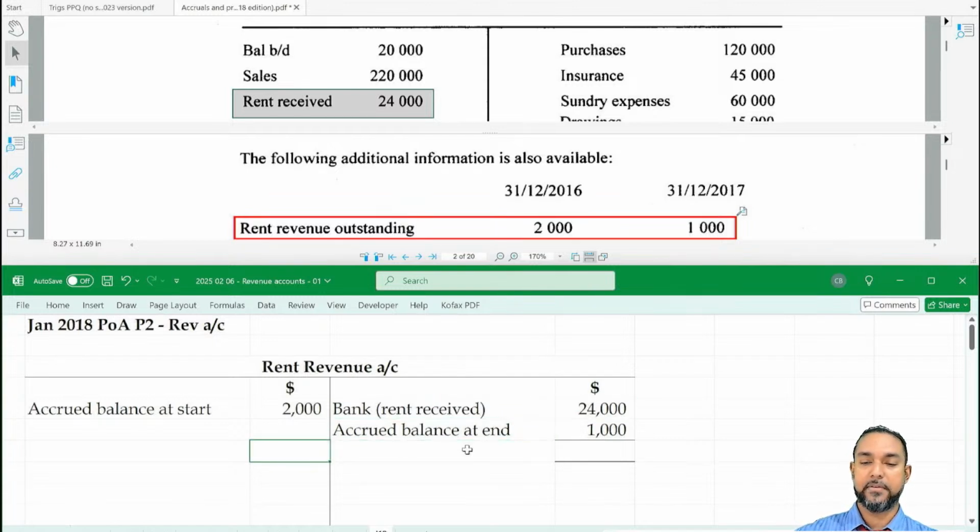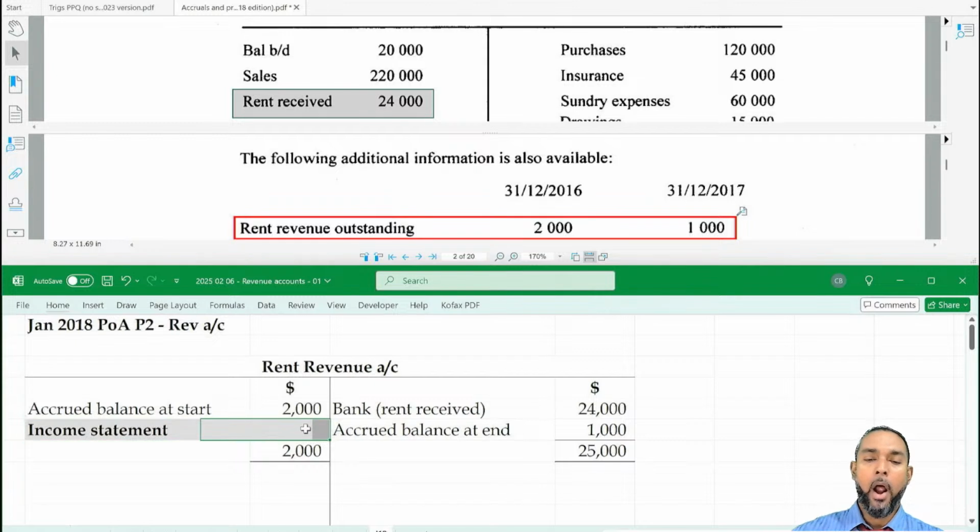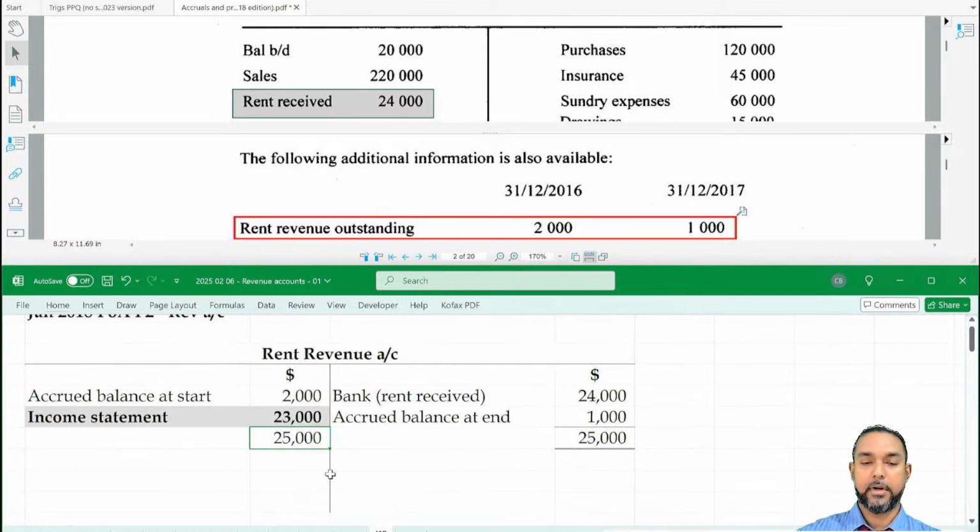Okay, and what we have to figure out now is the missing figure, which of course is the income statement figure. So we take 25 and we minus 2 and we get 23 and that's it. You could put accrued balance brought down 1,000.